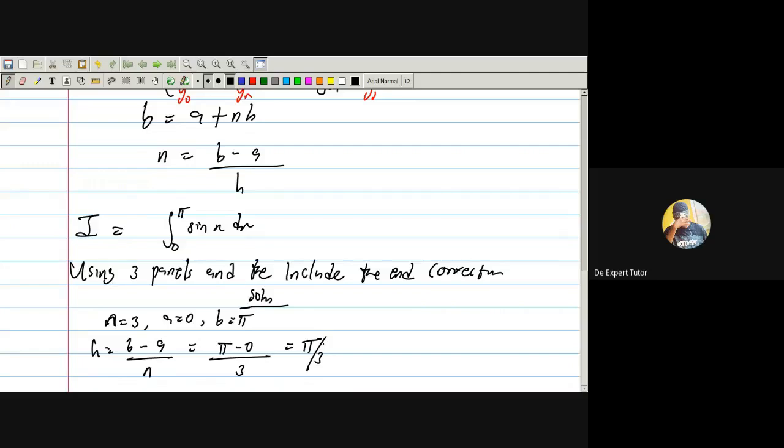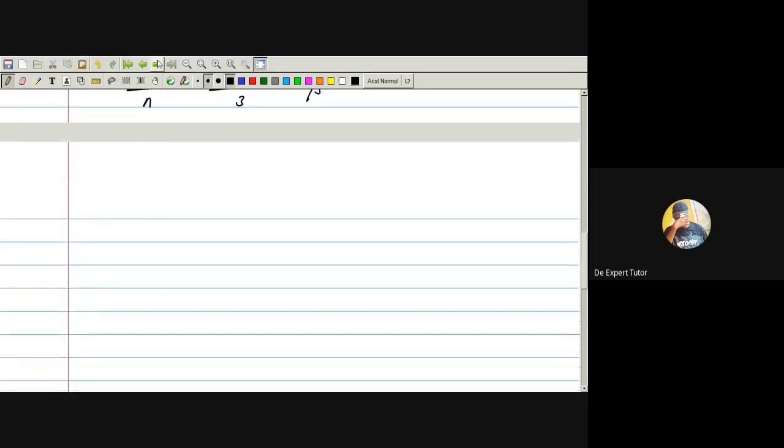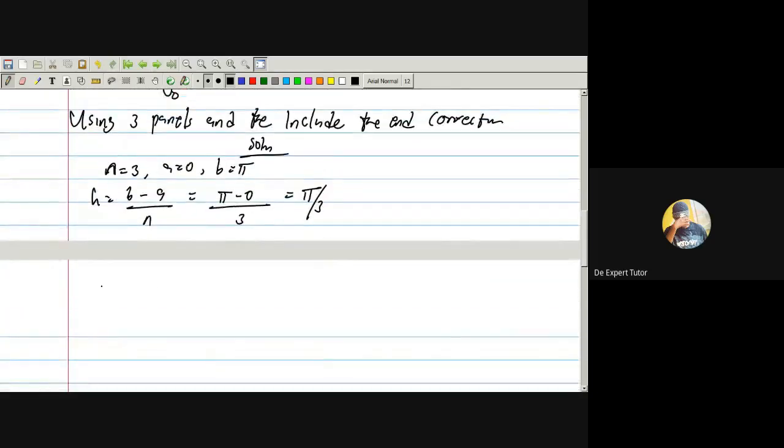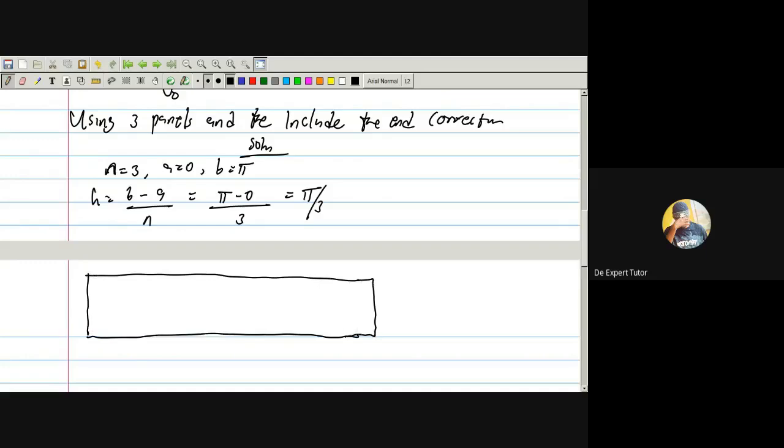Look at what the h means. It means something. If I draw a table like this, let's say this is my i or j.